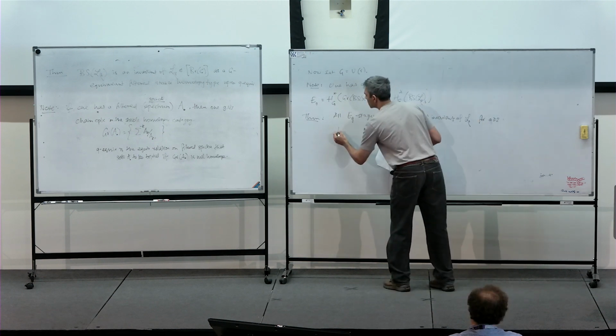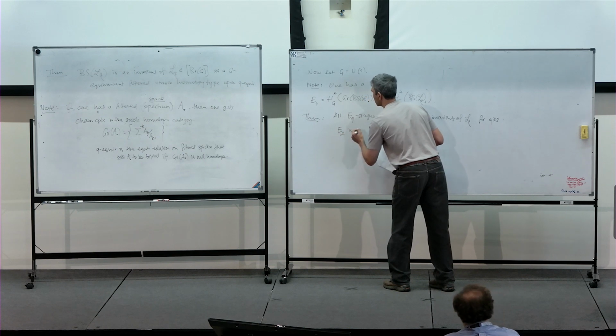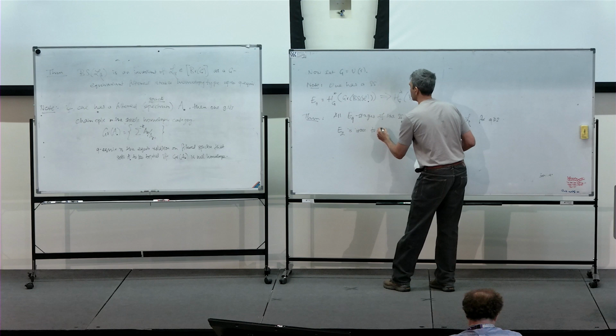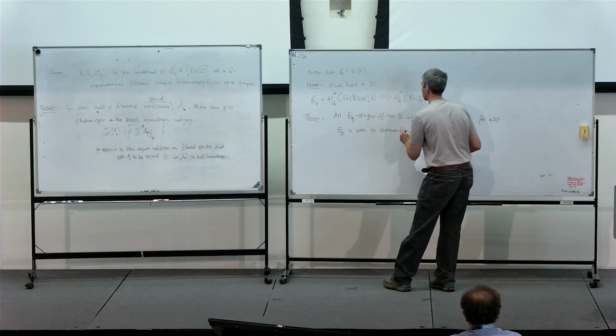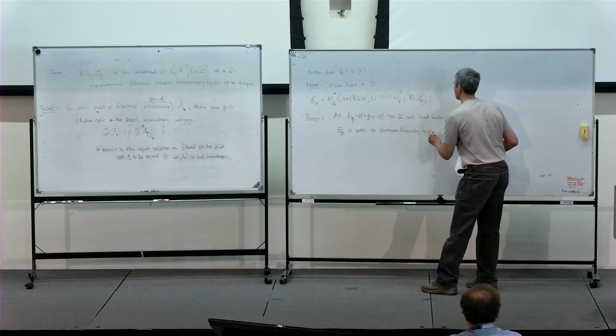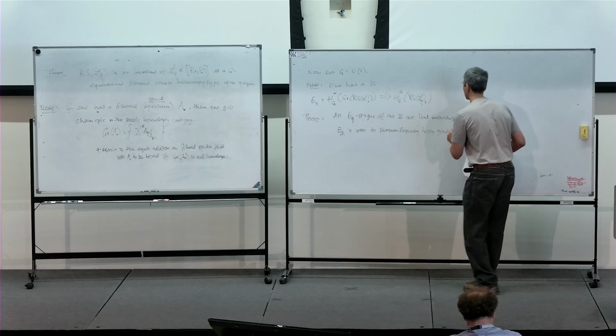E2 is isomorphic to Khovanov-Rozansky triply graded link homology.